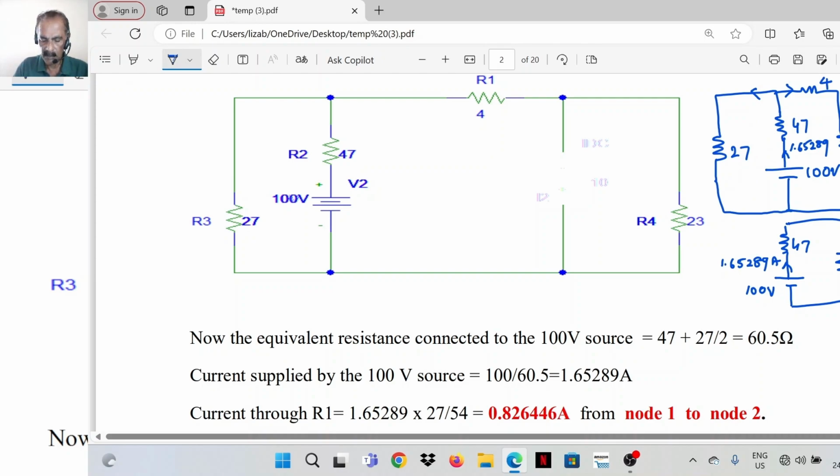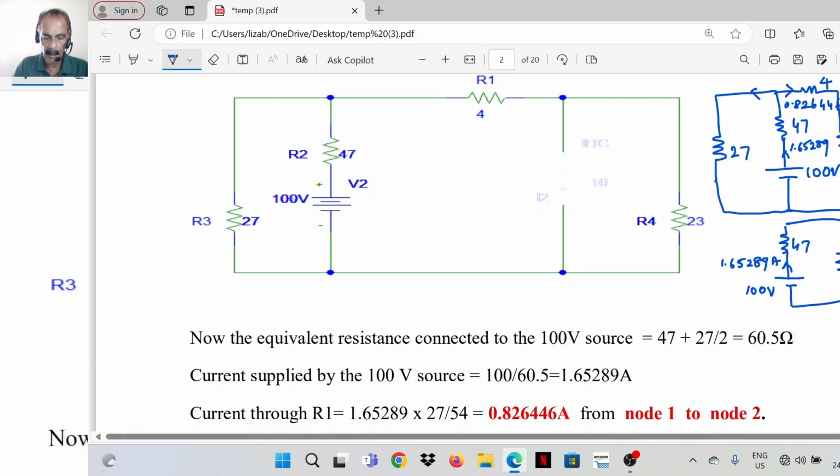So current is 1.65289 divided by 2. It is 0.826446. So this current is 0.826446 ampere.